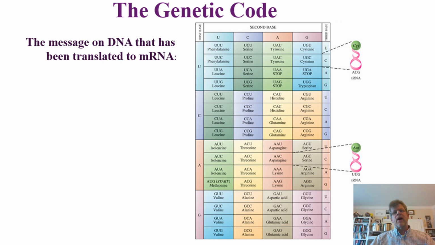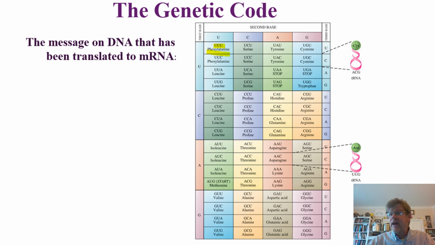And if we look at the box on the upper left-hand side, we see 2 things. We see a nucleotide sequence, UUU, and we see the name of an amino acid, in this case, phenylalanine. So the UUU, that nucleotide sequence, is the codon on the messenger RNA.